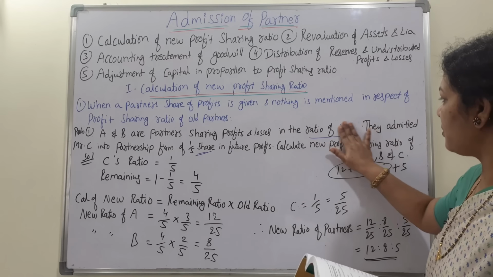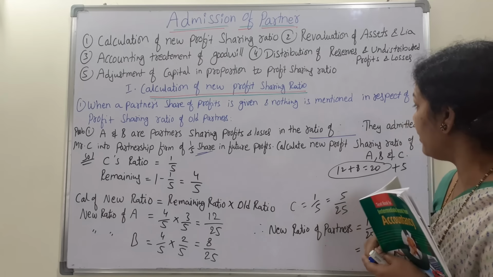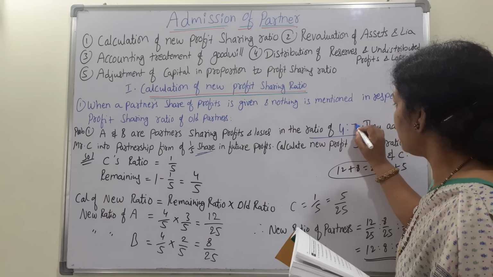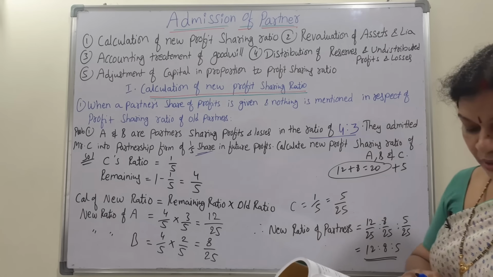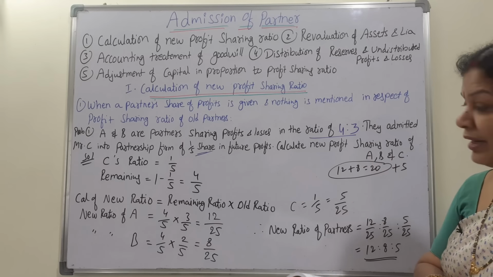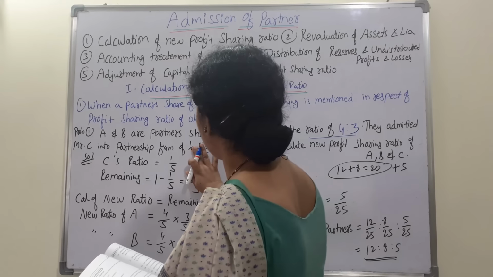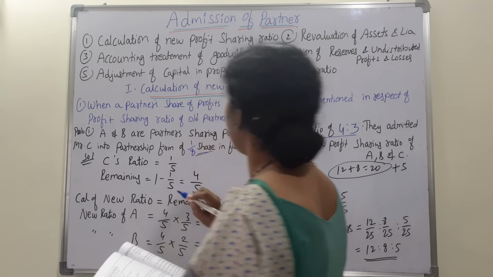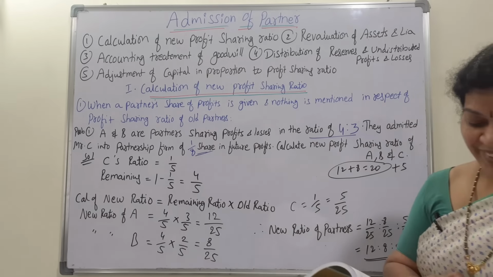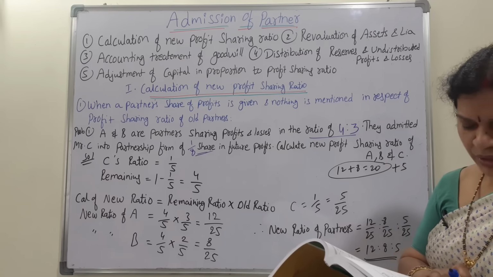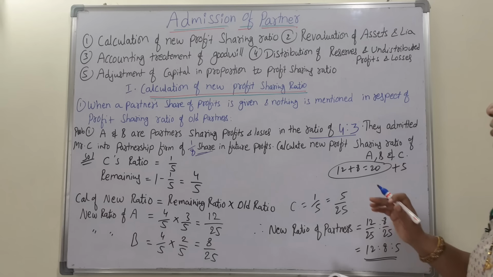Just change it to 4 is to 3 for practice purposes, and they admitted C into the business for a 1/8 share. The rest of the things are the same. Calculate the new profit ratio. The answer will be 4 is to 3 is to 1.